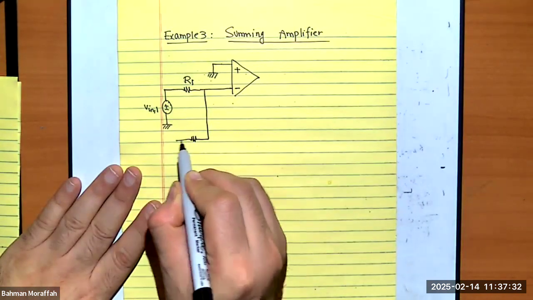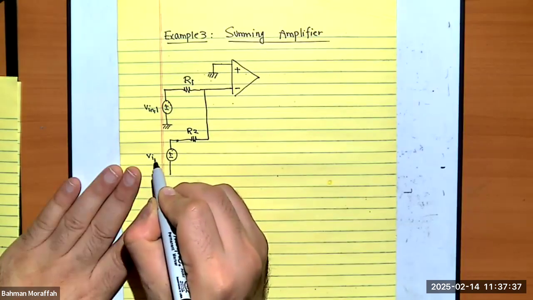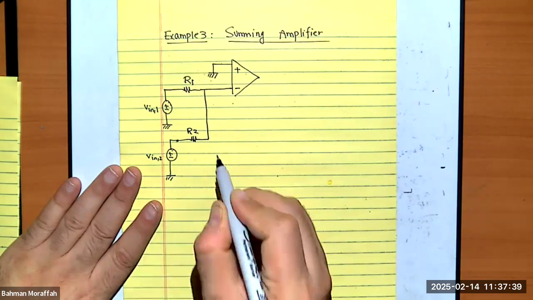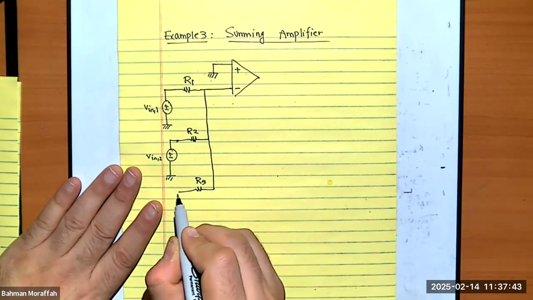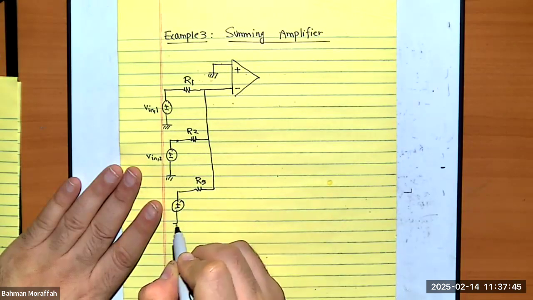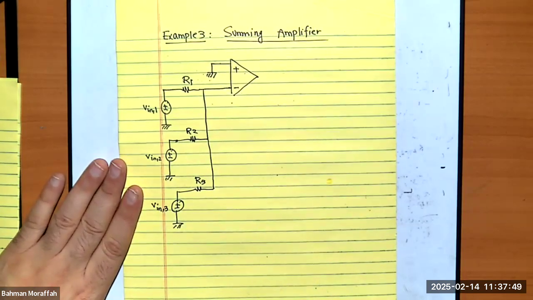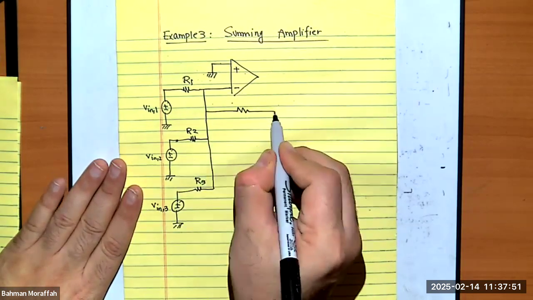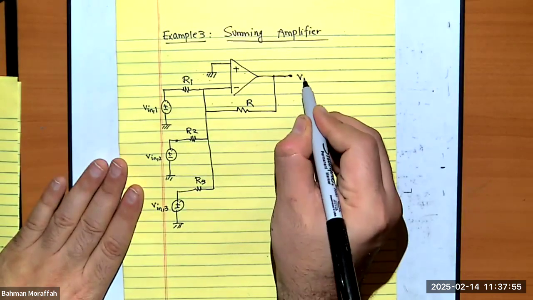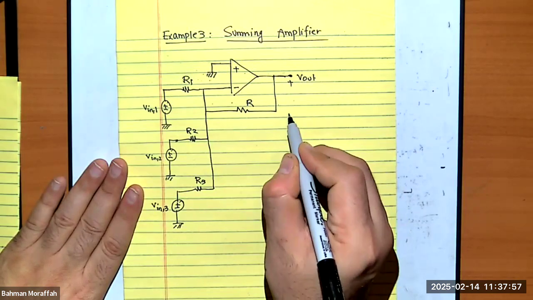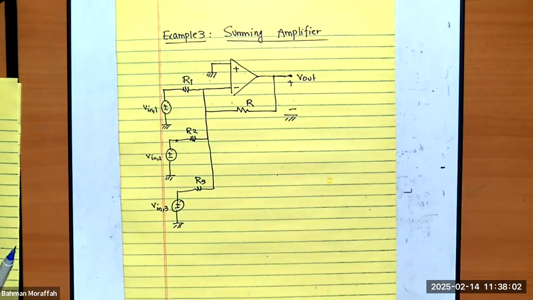Also connected to another resistance R2 with another voltage source VN2, and another one, let's call it VN3. This is connected to some other resistance R, which is connected to the output, and this is Vout.